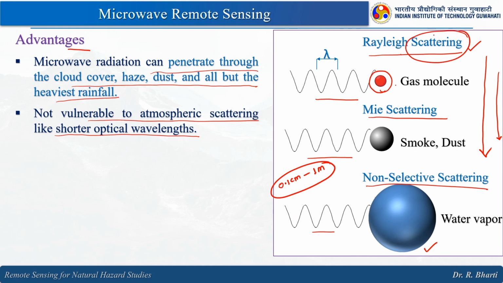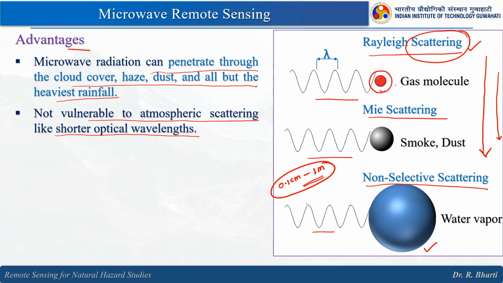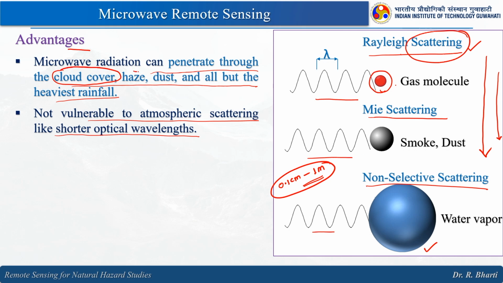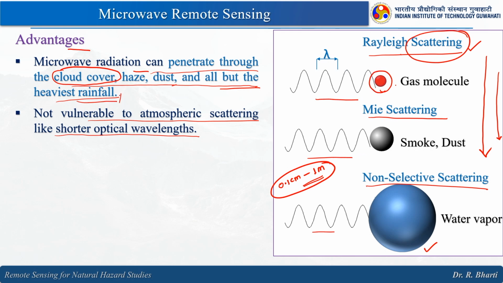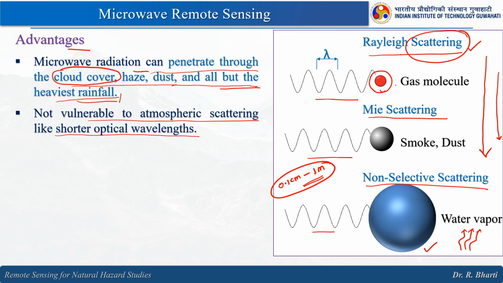So, atmosphere is clear for us, at least for this longer wavelength, right. And because of this, we can do the remote sensing in the cloud cover, haze, dust and all but the heaviest rainfall, because that time the signal or the energy which is back scattered from the surface will be interacting with your water, right.